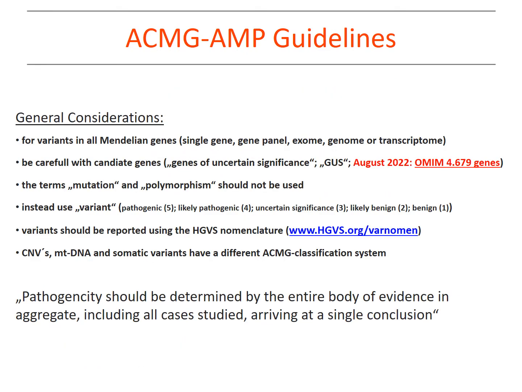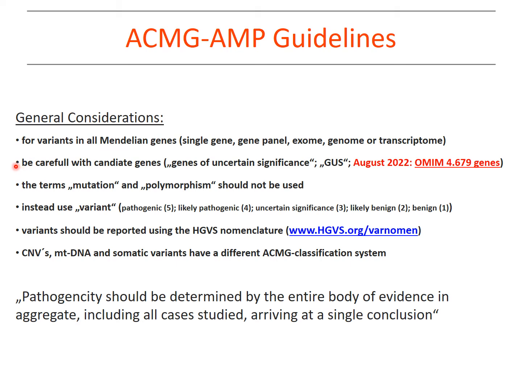Some general considerations or disclaimers. As I said, these guidelines are for variants in all Mendelian genes, whether they are detected in Sanger sequencing assays, single gene or gene panel, exome, genome, or transcriptome. That's all the same. The important thing is that they are associated with Mendelian diseases.